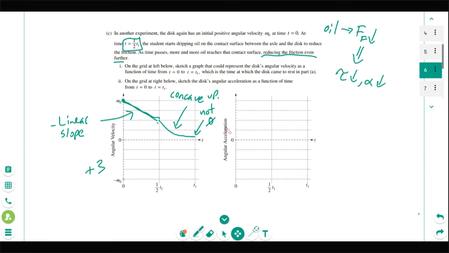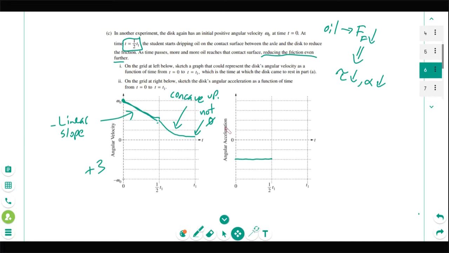Right. The second chunk to this, the acceleration graph. It's starting off the exact same as before.